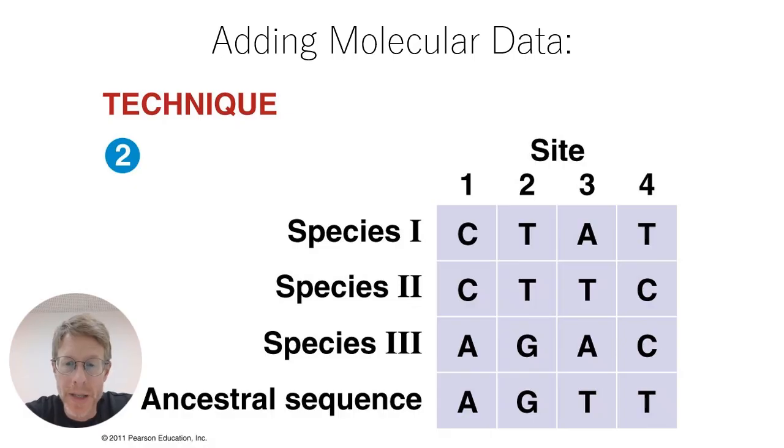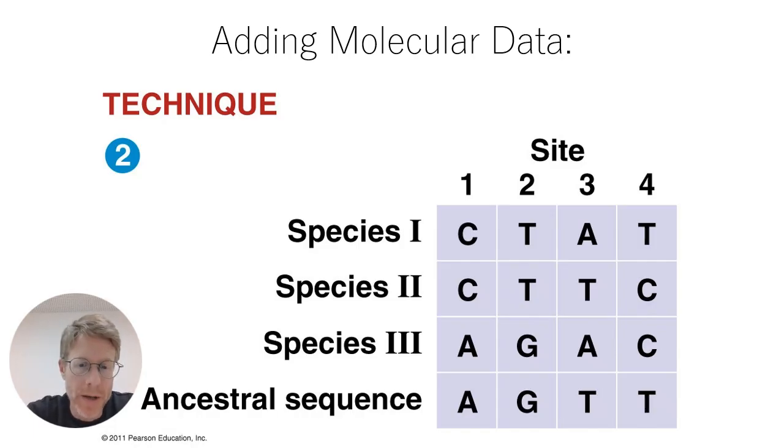Well, we can look at molecular data. This is a very, very simplified set of molecular data, looking at a very small portion of a gene for 3 species, and a species that we know is very, very distantly related to those 3. We'll call that the ancestral species, and we're looking at its sequence. We're looking at the nitrogenous base at 4 positions in a particular gene.